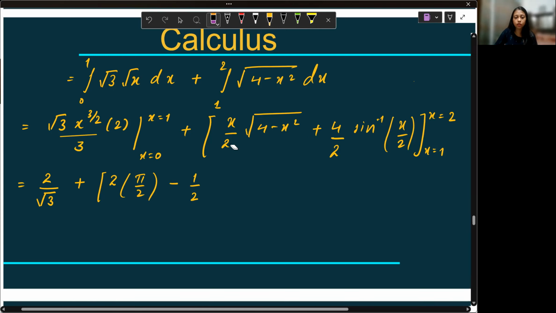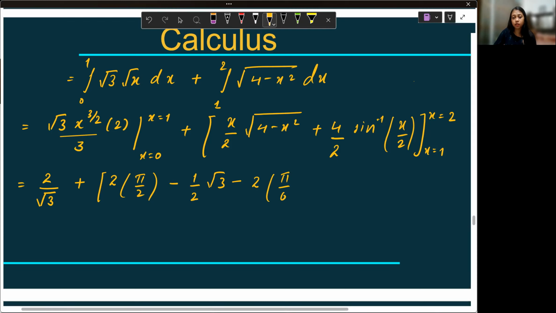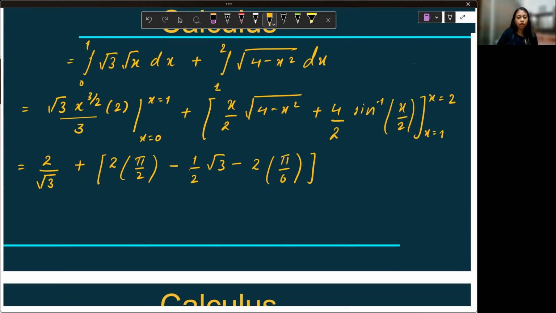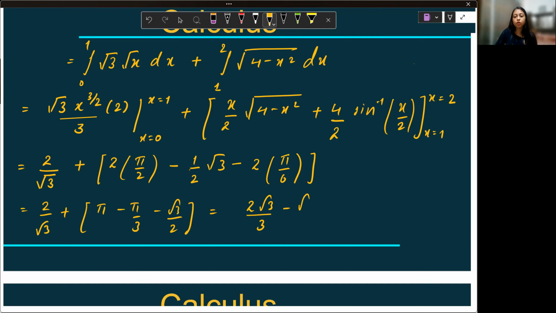Okay, this is 2 and this is root 3. Minus, if I substitute 1 here, it will be 2 times sine inverse 1 by 2, which means pi by 6. Simplify, this will be 2 by root 3 plus pi minus pi by 3 minus root 3 by 2. So this is going to be 2 root 3 by 3 minus root 3 by 2 plus 2 pi by 3.